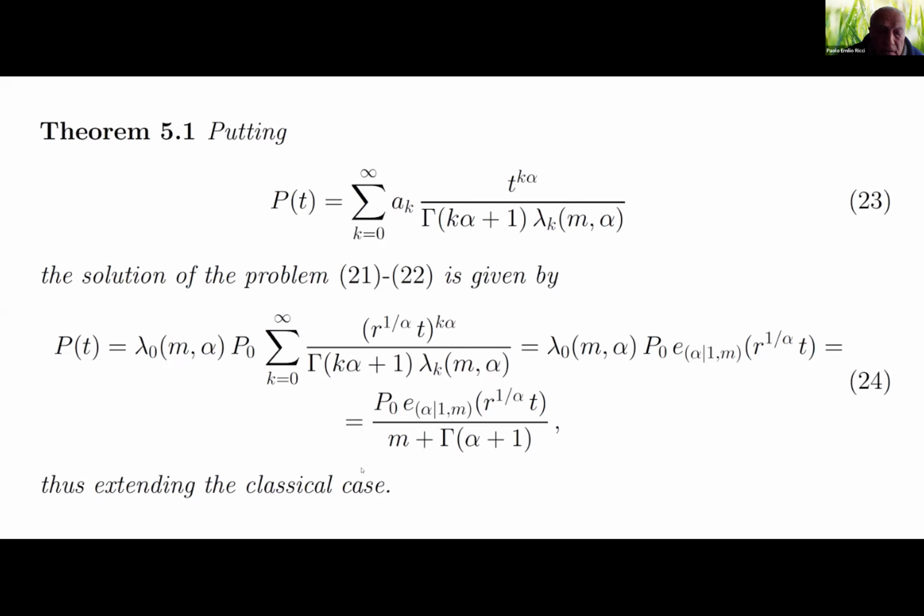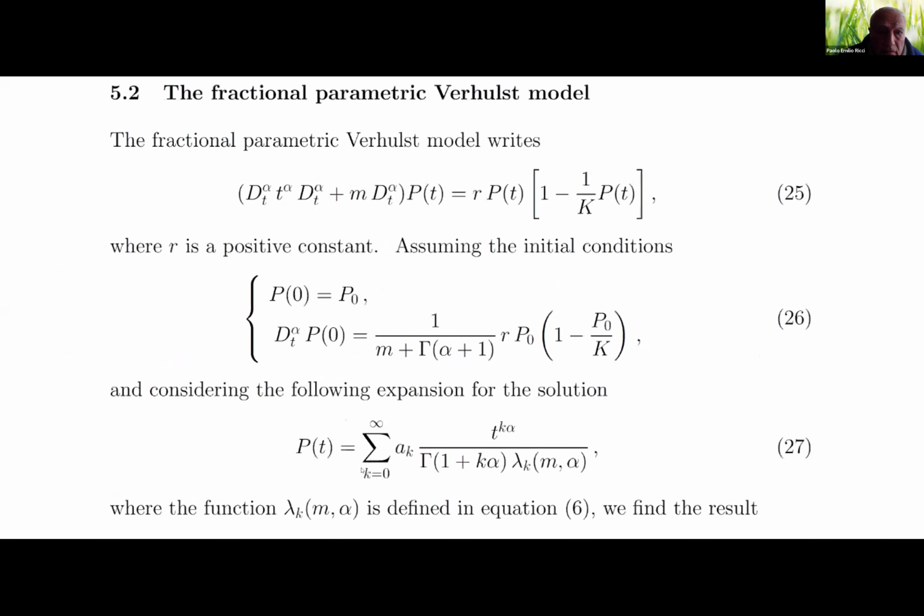Another case, very traditional, is a fractional. The ordinary is known as a Verhulst model, but in which we have only the ordinary derivative.